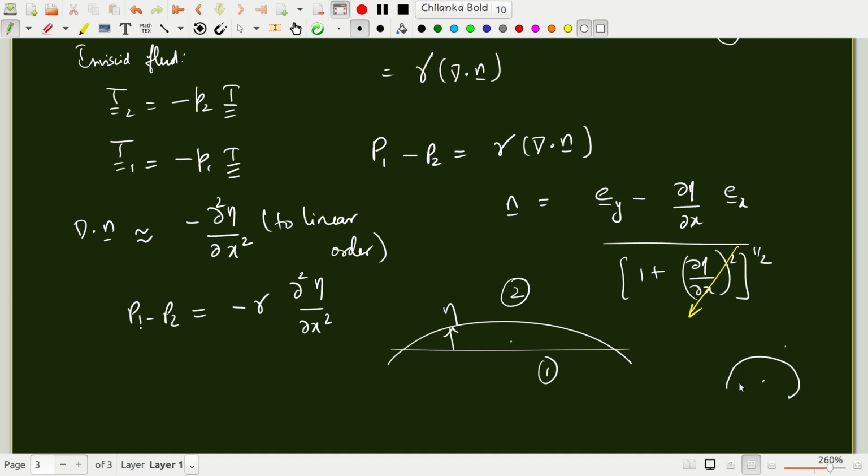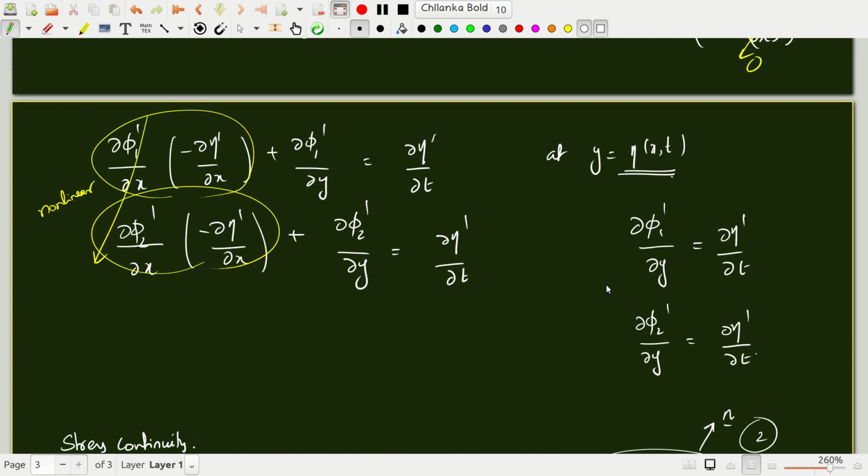So that agrees with what we just derived as well, right? So now, what we have done so far is that we have set up the problem, we have linearized the boundary conditions, we have these two velocity boundary conditions.